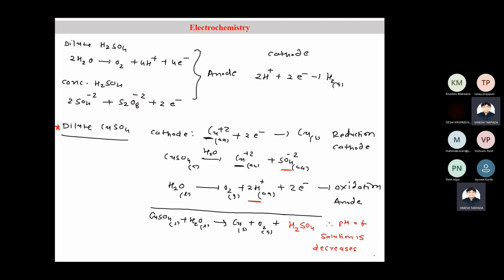In the earlier case, that was the base. So base leads to an increase in pH and acid leads to a decrease in pH. This type of MCQ is asked: what happens to the pH when you do the electrolysis of dilute CuSO4, or you can say NaCl. In one case, pH decreases. In one case, it increases.